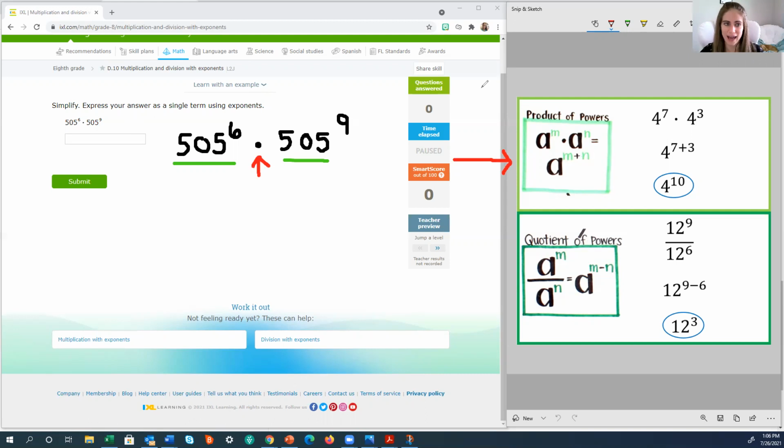We add. So we are going to add our exponents together. The base will stay the same, 505, but our exponents get added together, 6 plus 9. What is 6 plus 9?